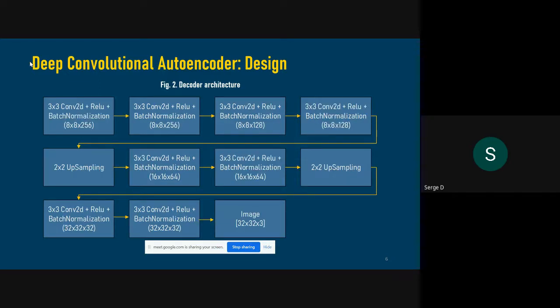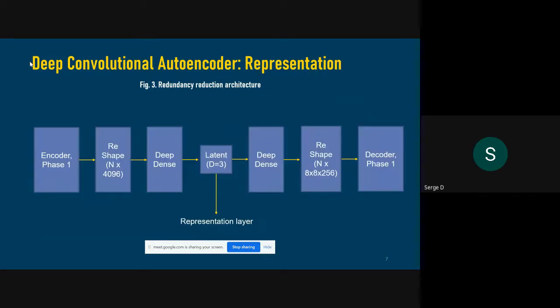The decoder architecture is symmetrical, as is common in autoencoders. So not much to be said here, unless there are any questions.